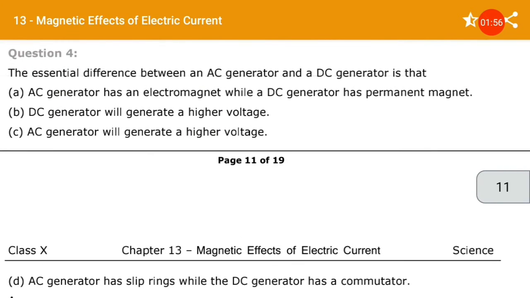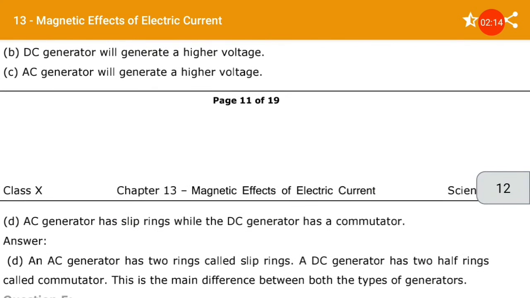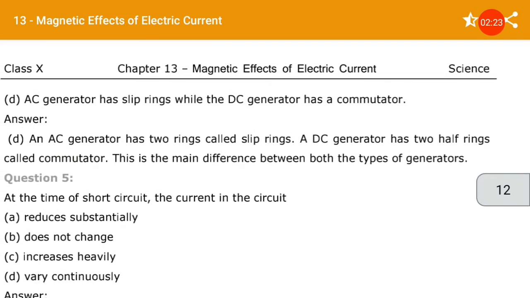Question number 4. The essential difference between an AC generator and a DC generator is. The answer is D. AC generator has slip rings while the DC generator has a commutator.